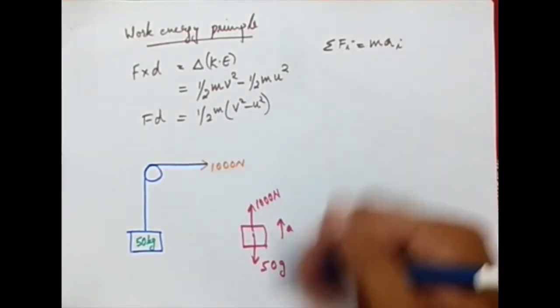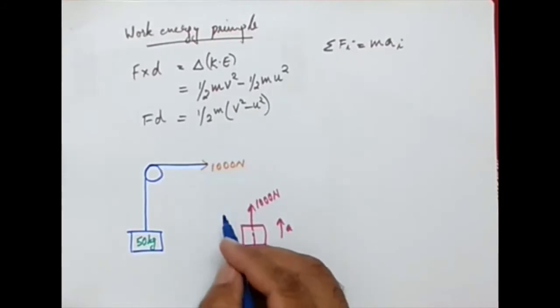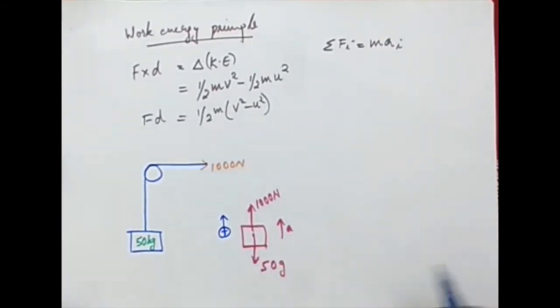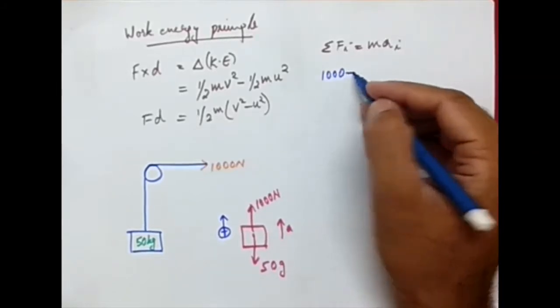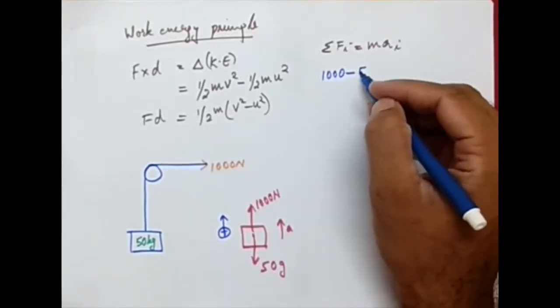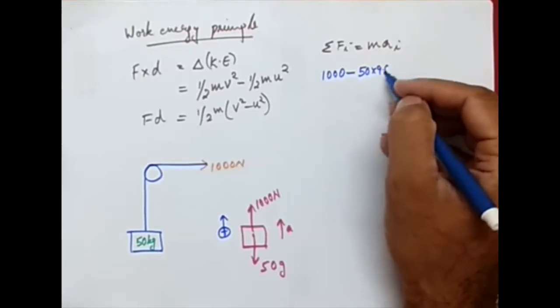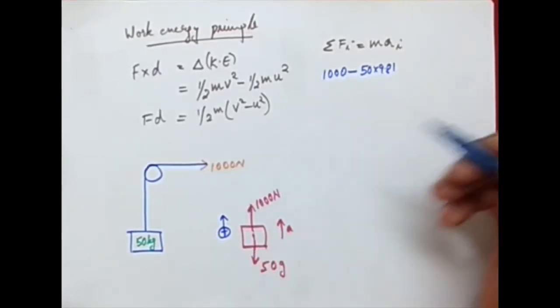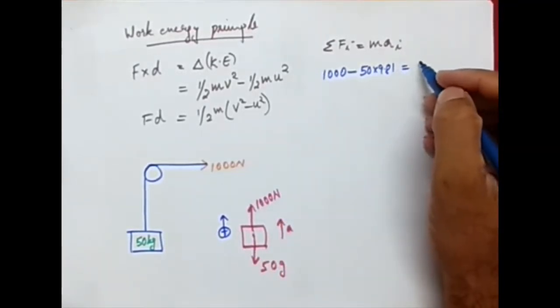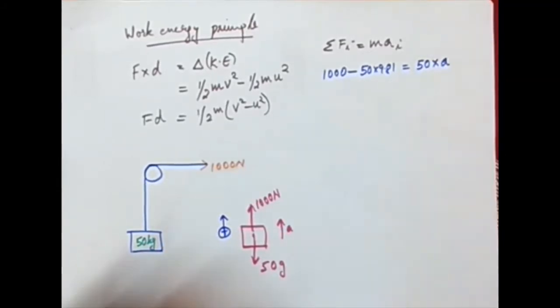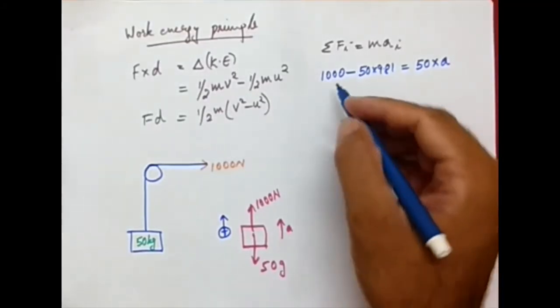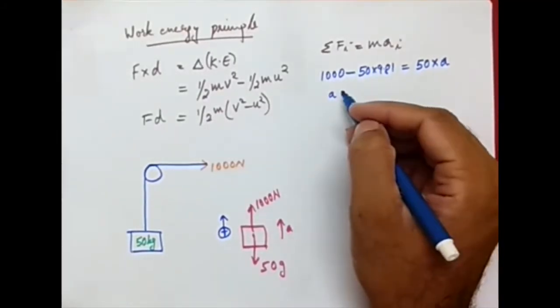I'm considering this as the i direction and assuming this as the positive direction. I can write the net force: 1000 upward and 50 g, so 50 into 9.81, that is downward, hence it is negative, is equal to the mass of the object, which is 50 times a. From this, I can calculate the acceleration of the block.